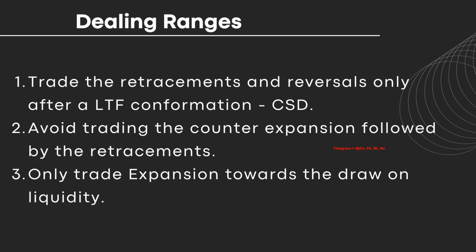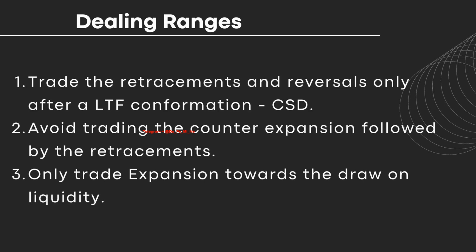If there is no CSD, then you shouldn't be trading it. A lower time frame confirmation in the form of a CSD gives you more conviction in your analysis and increases the probability. Now, the second point is that you should avoid trading the counter expansions followed by the retracement. For example, if we are in a bullish dealing range and we react to a premium key level and have a retracement, the most likely scenario for price is another expansion lower towards a discount key level before moving higher.